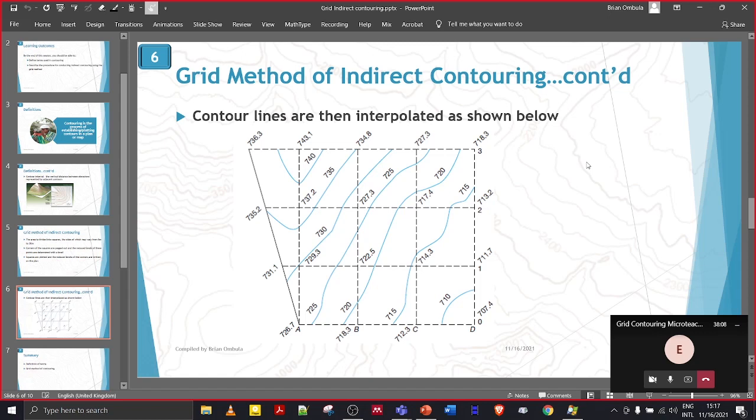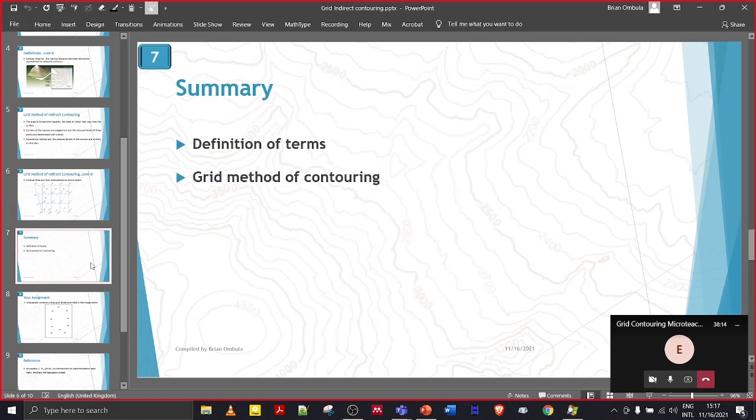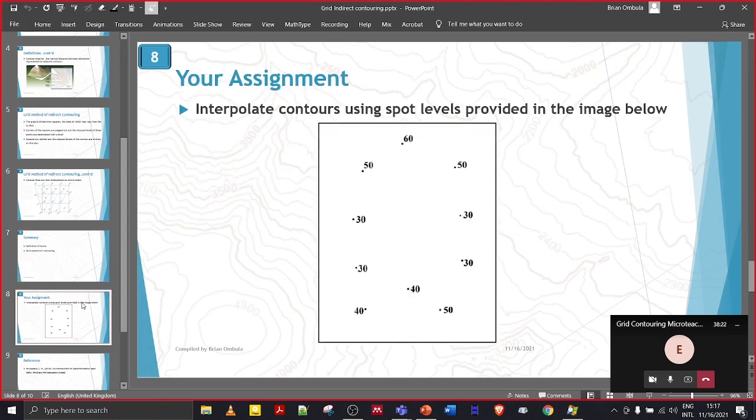For the time being, you can do this as an assignment. You're supposed to interpolate contours using the spot levels provided in the image below. You can see spot levels 50, 50, 30, 40.